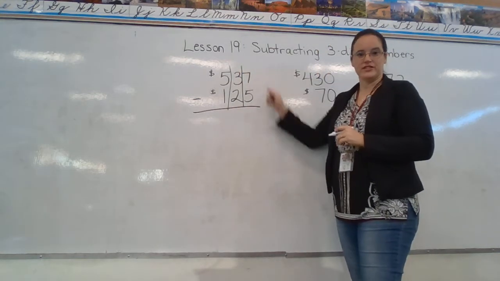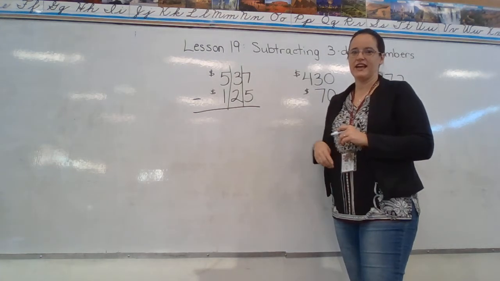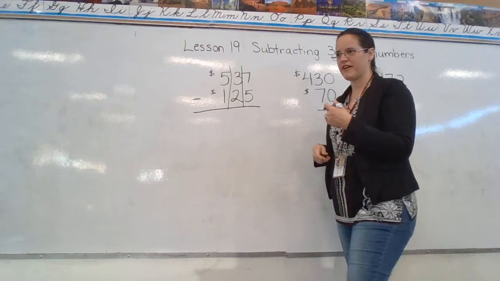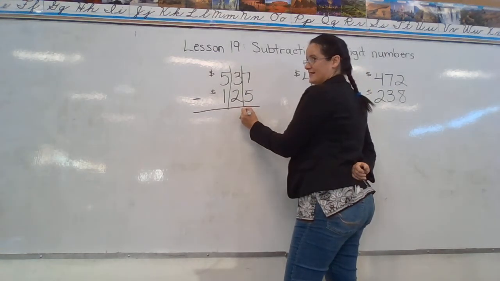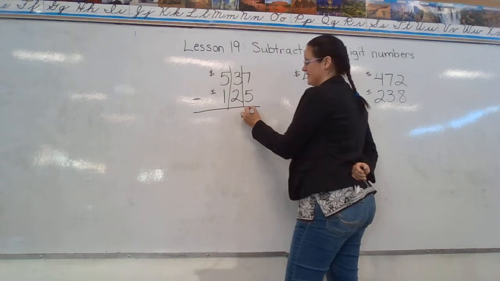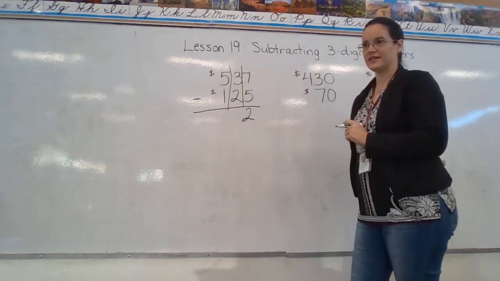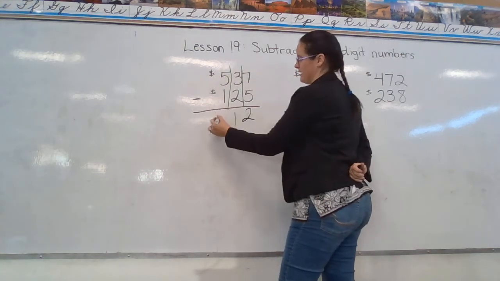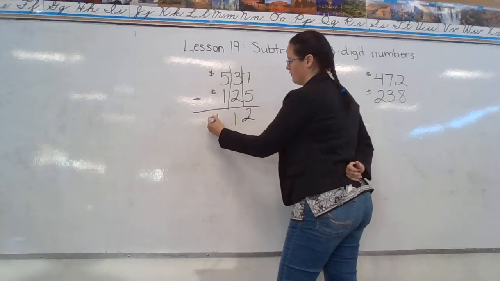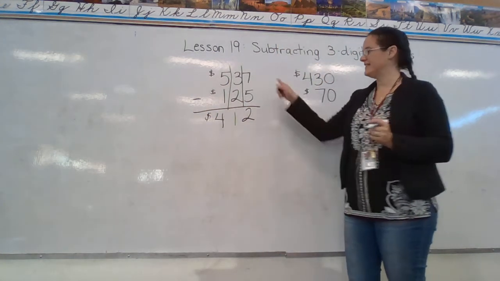So we always start with the smallest place value, 7 minus 5. We know that fact. We can do it in our head, right, Riker? What is it? 7 minus 5 is 2. 3 minus 2 is 1. And 5 minus 1 is 4. So no borrowing, nothing needed there.